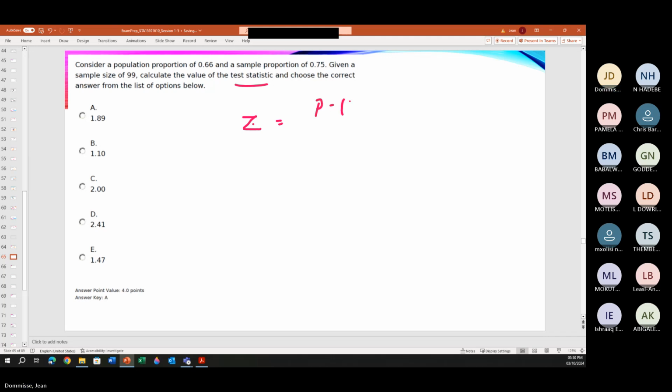So let's quickly again consider population proportion and sample. I'm sure that is the correct formula. Again, I just want to quickly make sure.